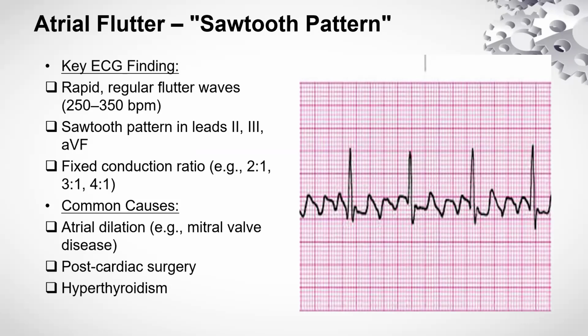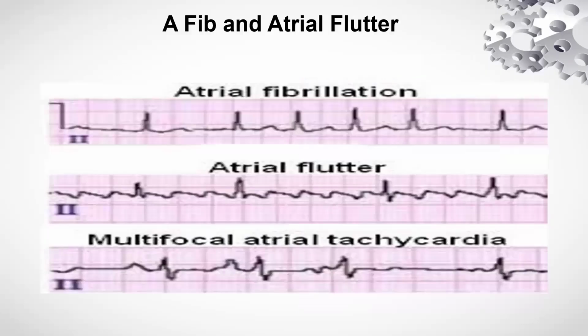Actually, atrial flutter and atrial fibrillation can be caused by the same conditions. So look at it so that you won't forget. You see atrial fibrillation, atrial flutter, and sometimes you may be given a multifocal atrial tachycardia.